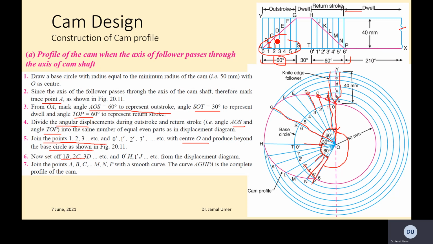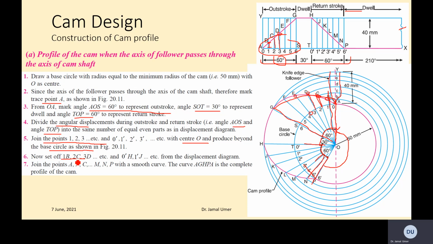Then you go for 2 and mark the point for 2, and then for 3 you measure this distance and mark it as well. You keep doing that. This is the distance required, and this is basically the cam profile.